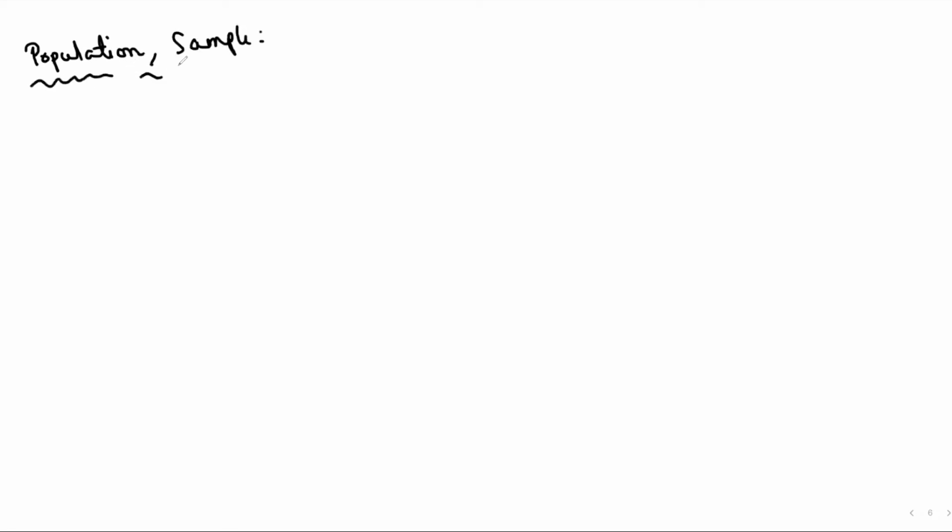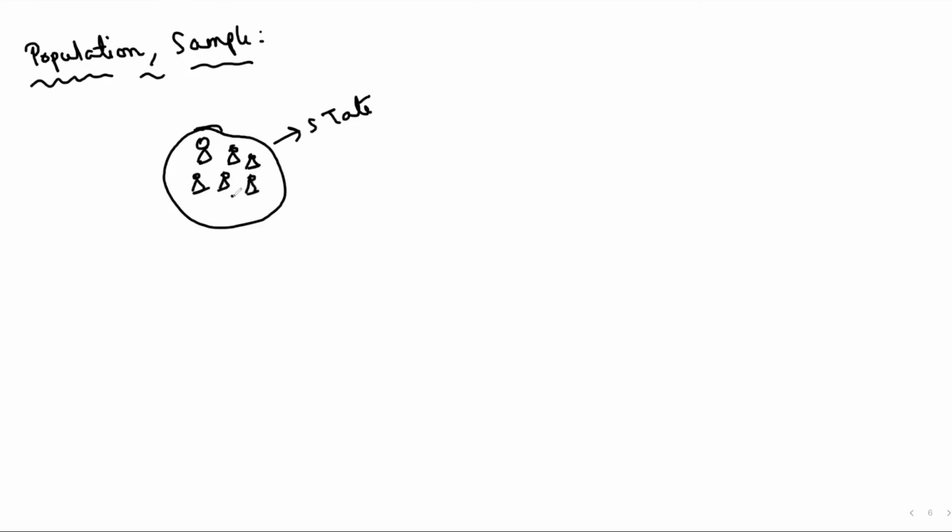Now, if I speak about population and sample, you can correlate because most of the topics we have already covered. Let's say we have a state, and there are many people in the state. So this entire state, these are people in this particular state.